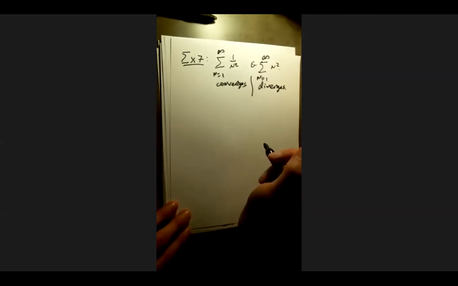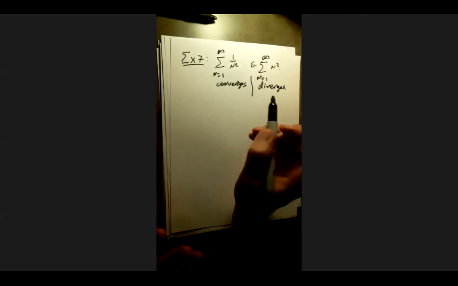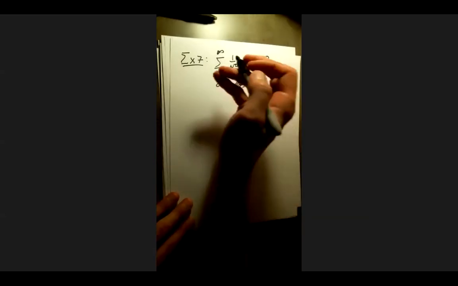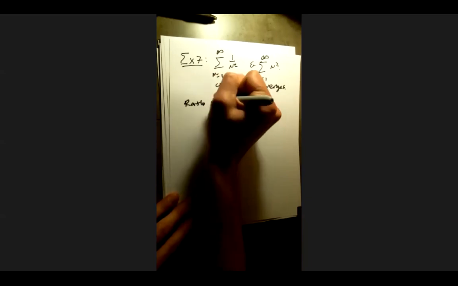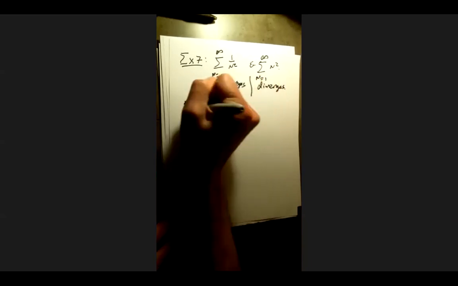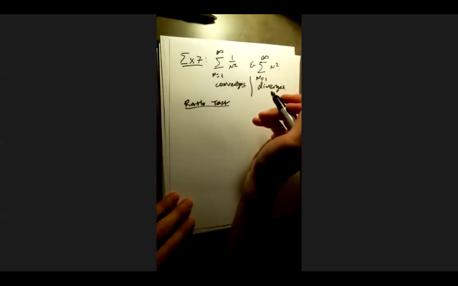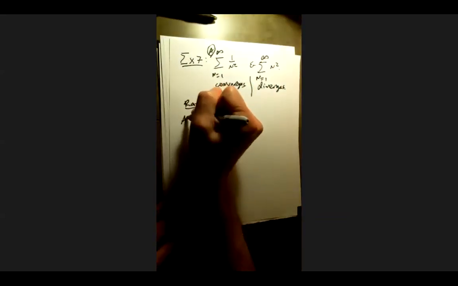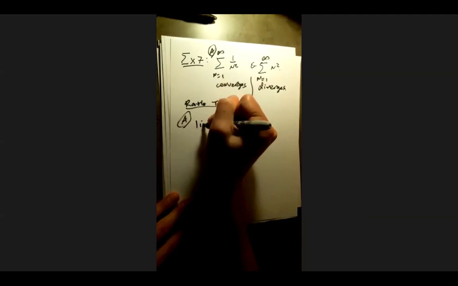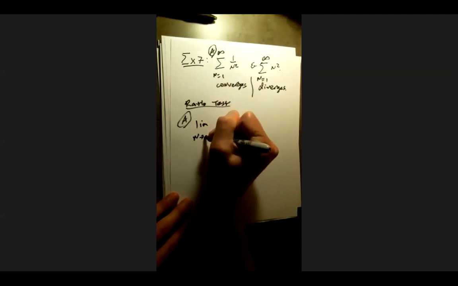So let's try the ratio test. Not because we don't know the answer, but because we're trying to find the power and limitations of the ratio test. If we look at the one on the left, maybe I'll call that A, we look at the limit as n goes to infinity.